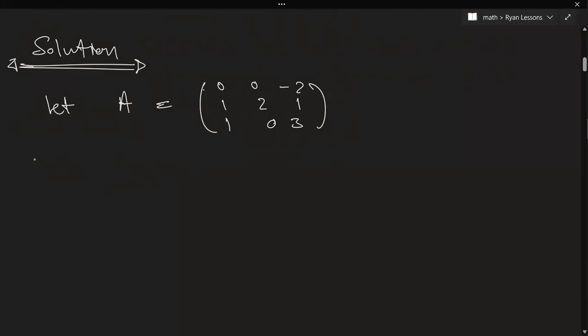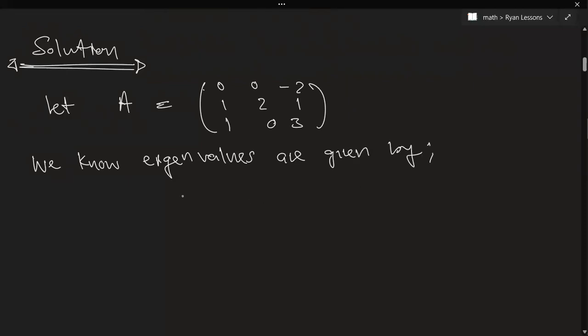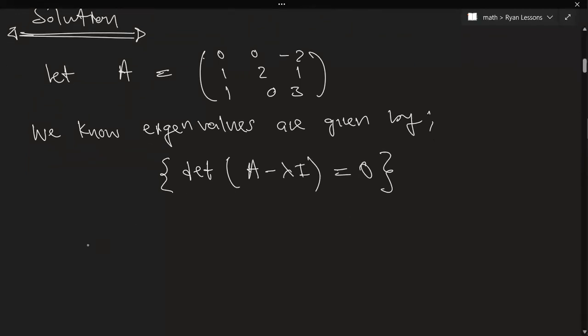Eigenvalues are always found by evaluating the determinant of A minus lambda I equal to 0. If we create an equation using this ansatz, we get what we call the characteristic equation for that given matrix, and then we can find the value of lambda.